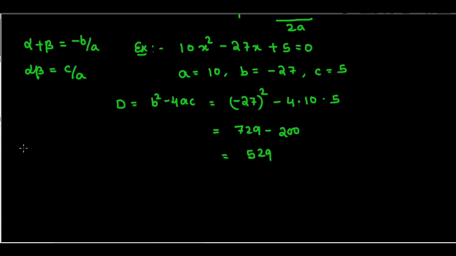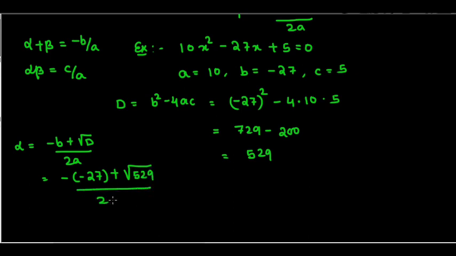Now let us find the values of alpha and beta. So alpha is equal to minus b plus square root of D whole divided by 2a. In this equation b is minus 27. So minus of minus 27, then plus square root of D, meaning square root of 529, divided by 2a. 2 into a is 10.